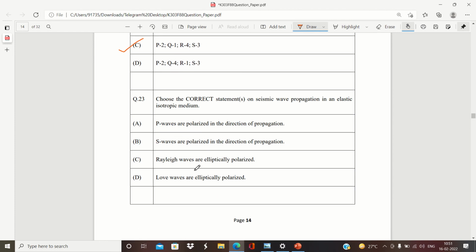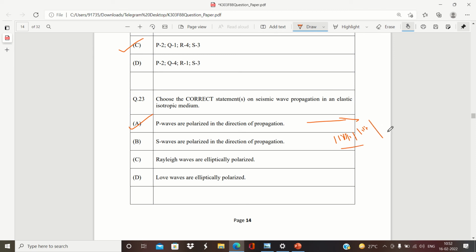Now another question is, choose the correct statement on seismic wave propagation in an elastic isotropic medium. So you know the P waves move directly in the direction of propagation. So the first is your right answer. It moves something like this. There is compression, then again a large distance, so it moves something like this. I hope you are getting my point.